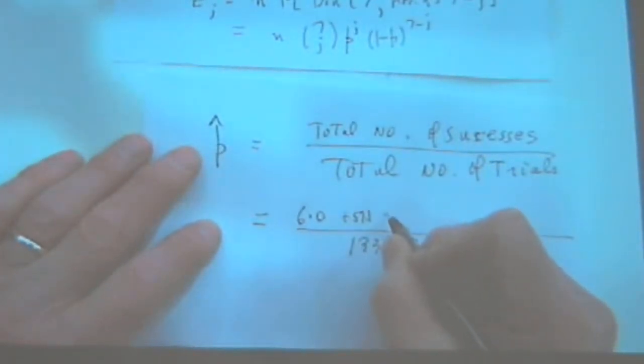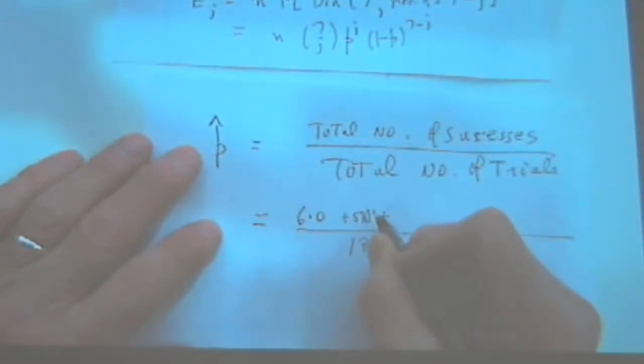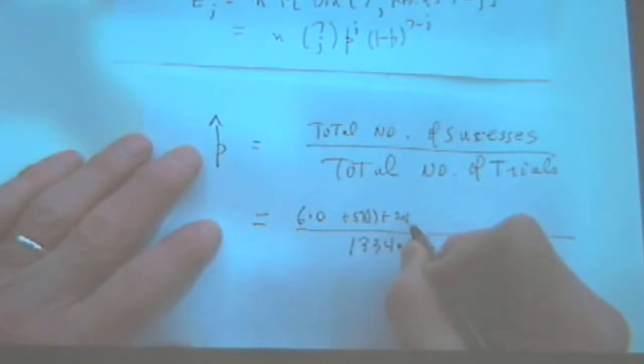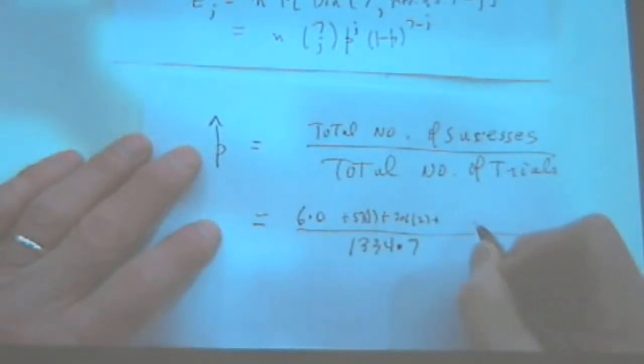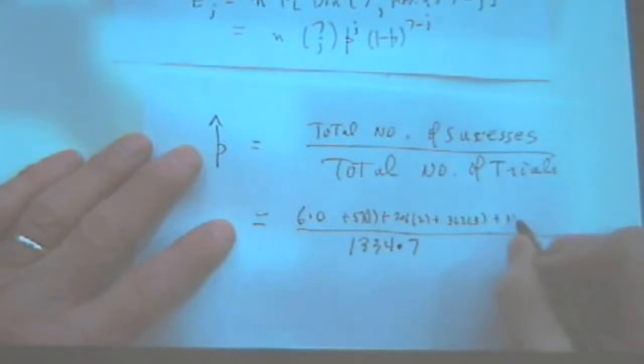And 6 had 2 successes. 62 had 3 successes. And 65 had 4 successes.